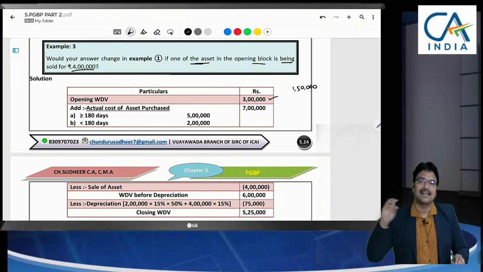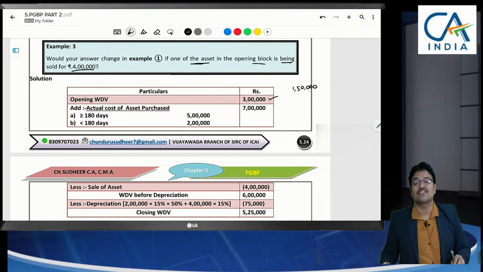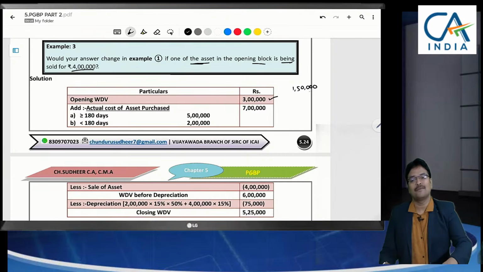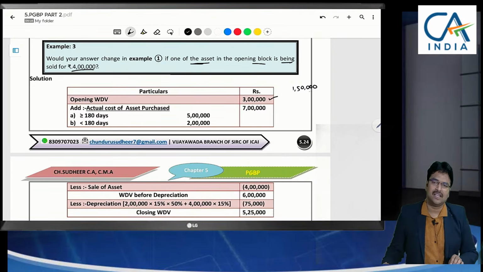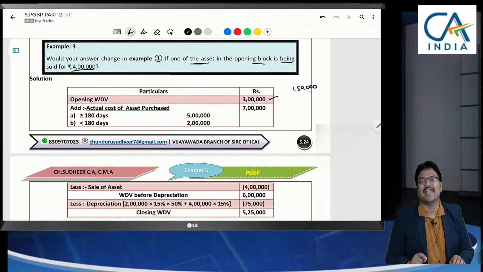Whenever the asset enters into the block, it does not have individual recognition. There is only one exception, which we will discuss at the end. Usually, whenever assets enter into the block, we have to treat it like an ocean.